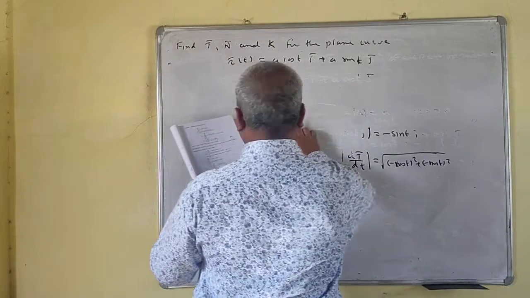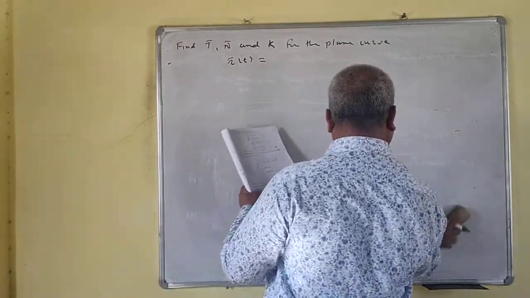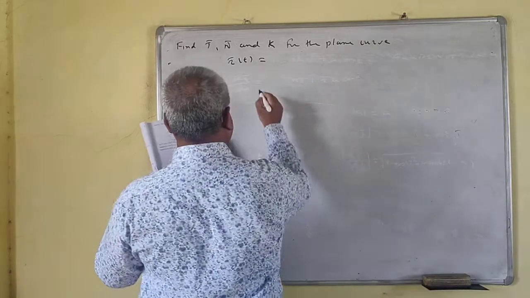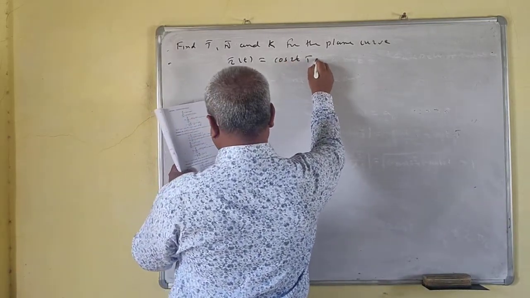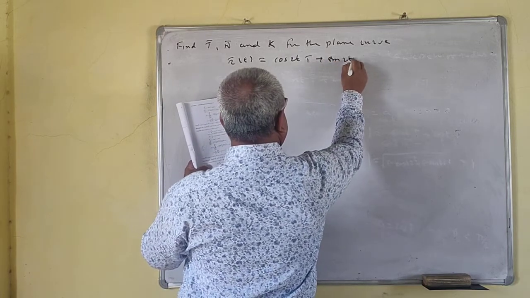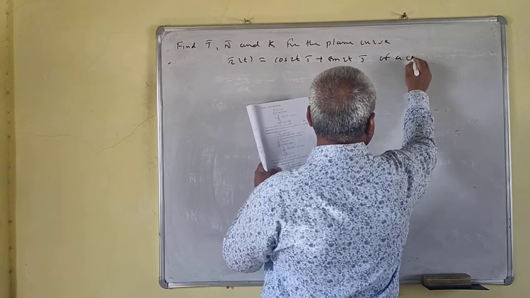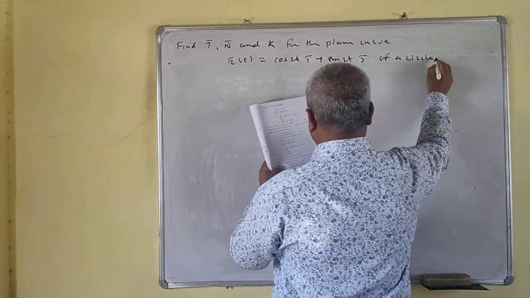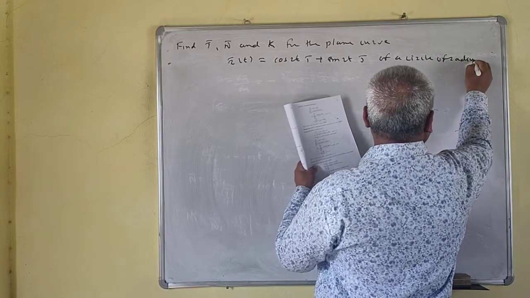Find T bar, N bar and k for the plane curve R bar of t is equal to cos 2t i bar plus sin 2t j bar, of a circle of radius a.